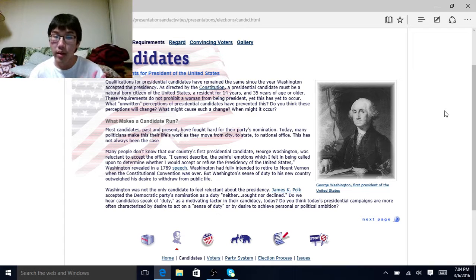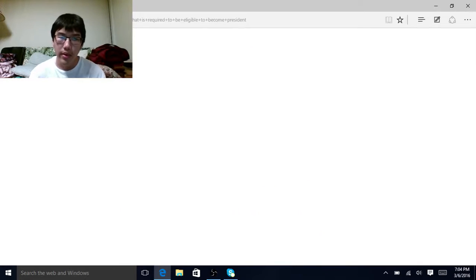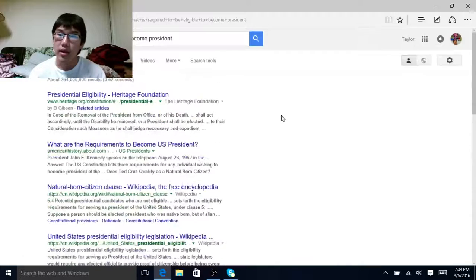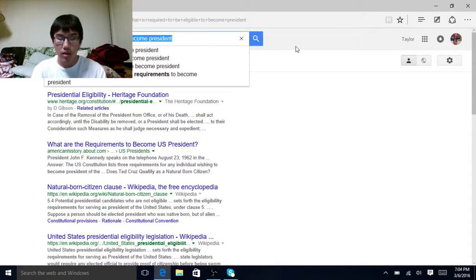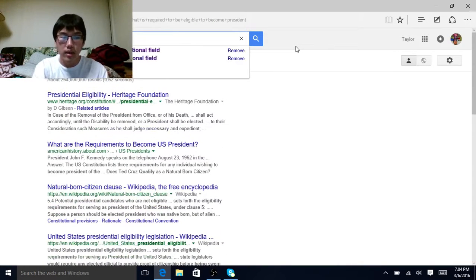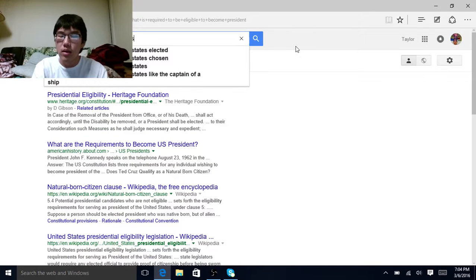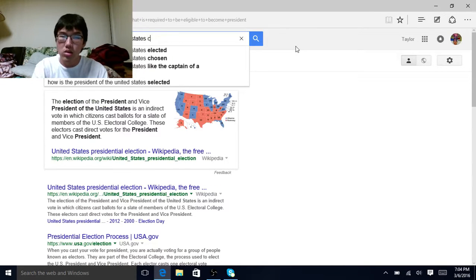So from what I'm seeing, those are the only 3 requirements for being a candidate in the presidential election. So now what I want to learn is, how is the president of the United States chosen?